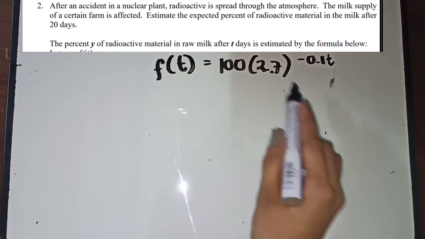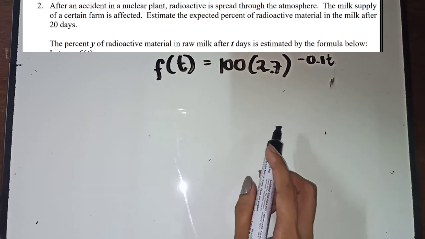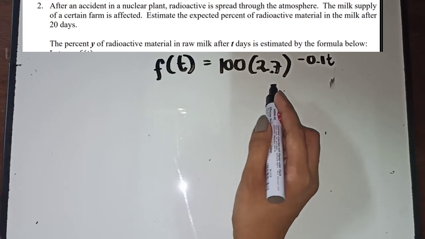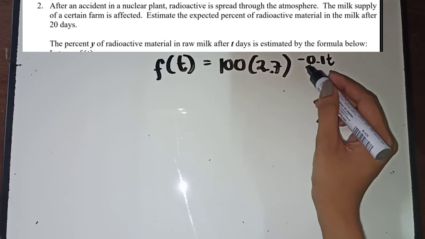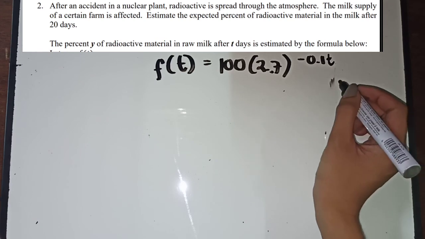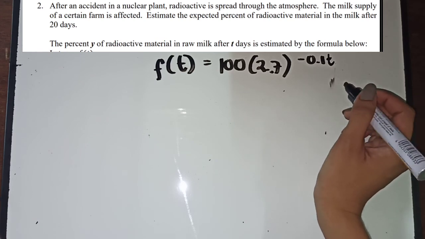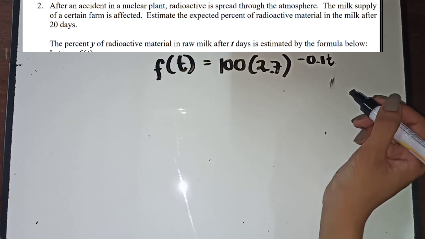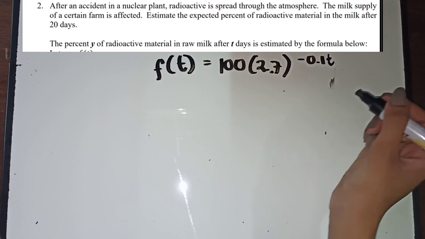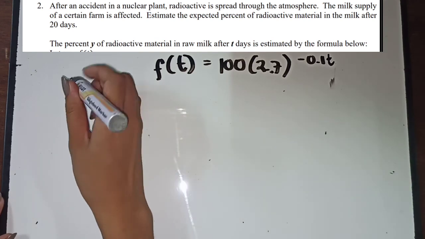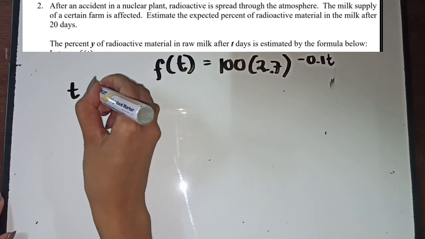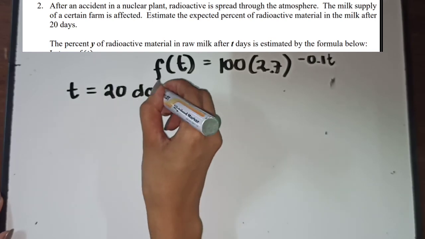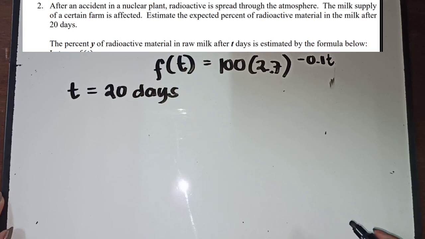So this will be the formula. F of t is equal to 100 multiplied by 2.7 raised to negative 0.1 t. Okay, so just substitute the value. So what will be the value of our t? T is 20 days.